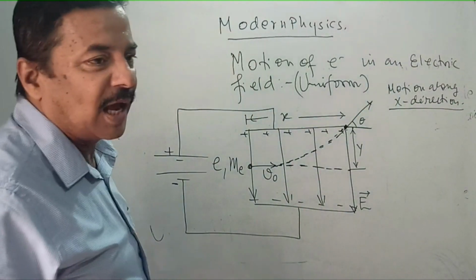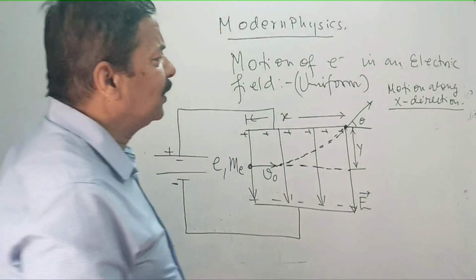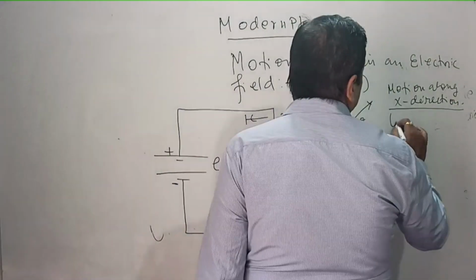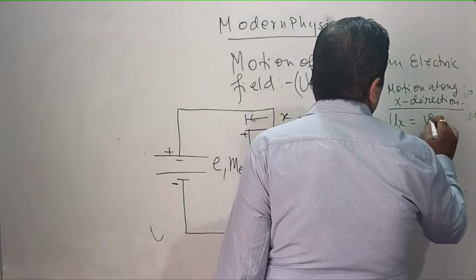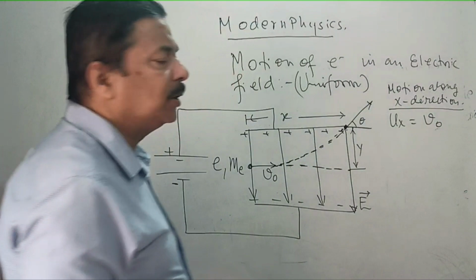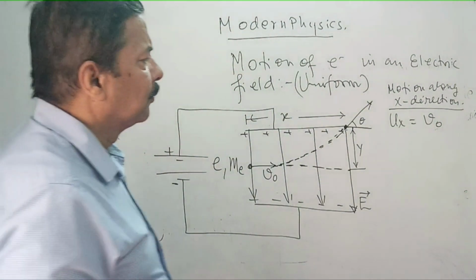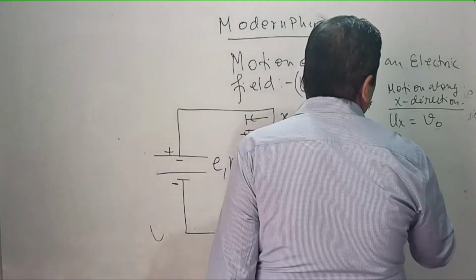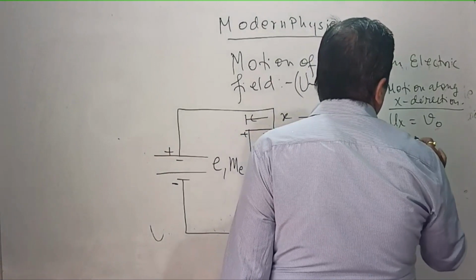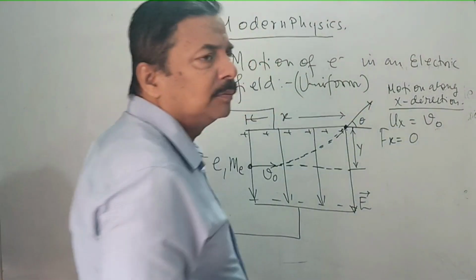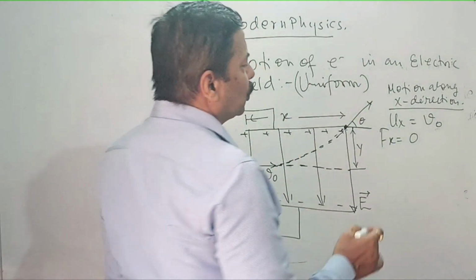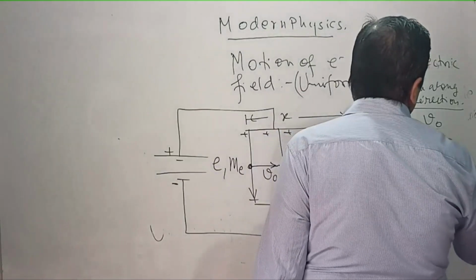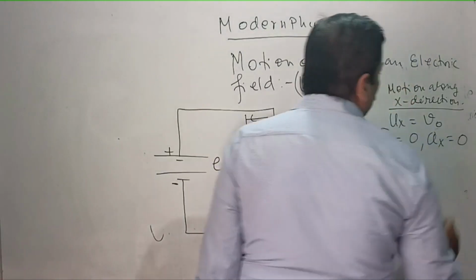Motion along the x direction. In the x direction, the initial velocity of the electron is v0. Force in the x direction is 0. No force is acting, so acceleration in the x direction is also 0.